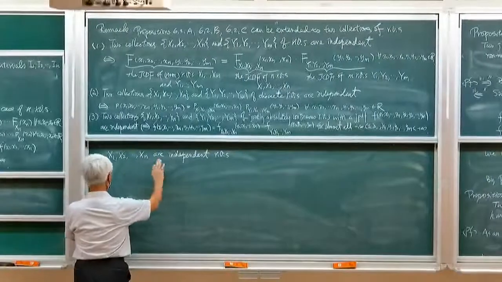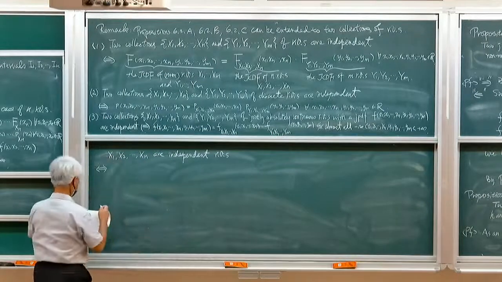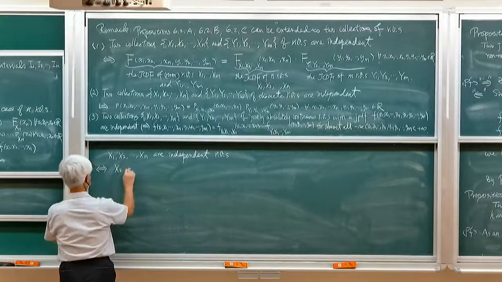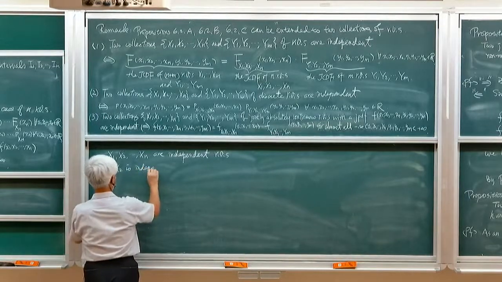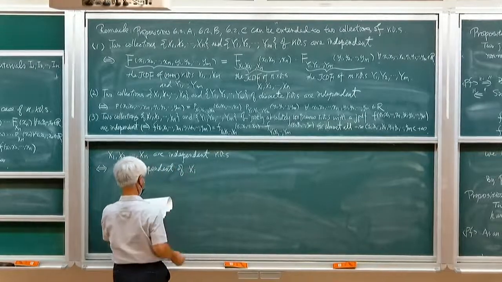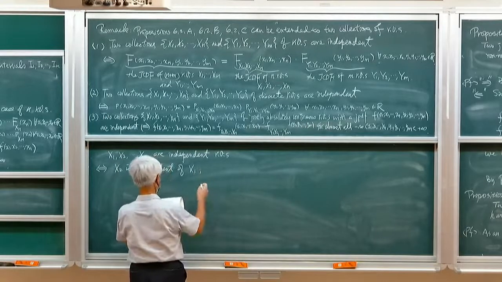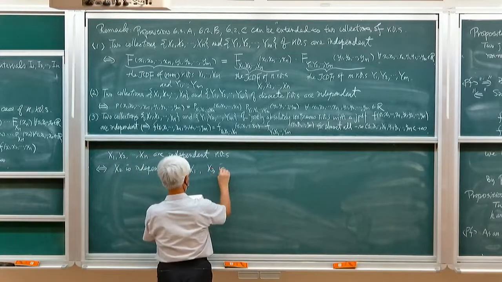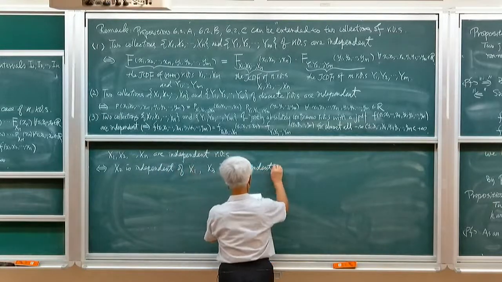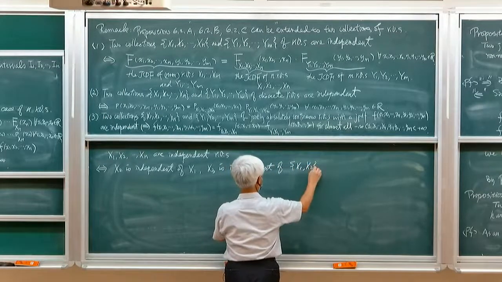We can rephrase the statement, saying that this holds if and only if x2 is independent of x1 first, and x3 is independent of the collection x1, x2.